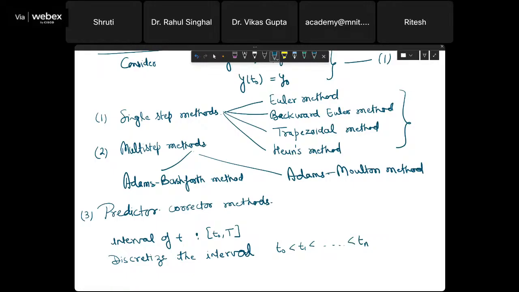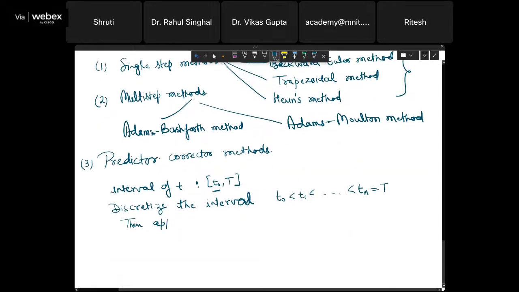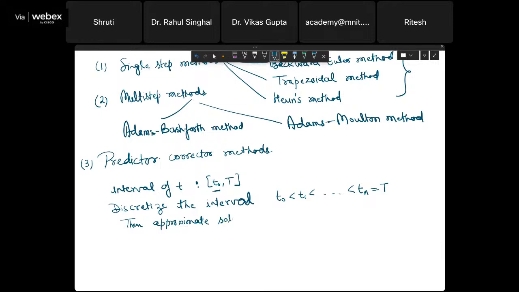So the first point will be the same as the initial point, and the last point will be the same as the end point of this interval. So this will be discretized, and then the approximate solution at each point t0, t1, t2, etc. will be obtained, and we denote it by y0. y0 is given, so y0, y1, y2, and so on, yn.